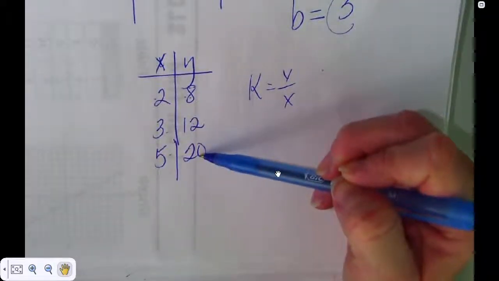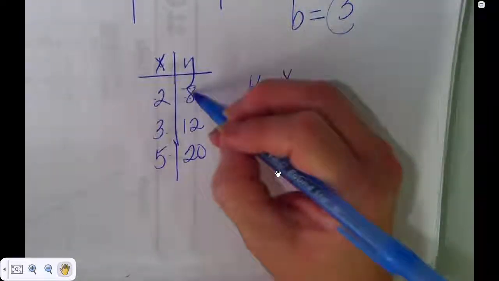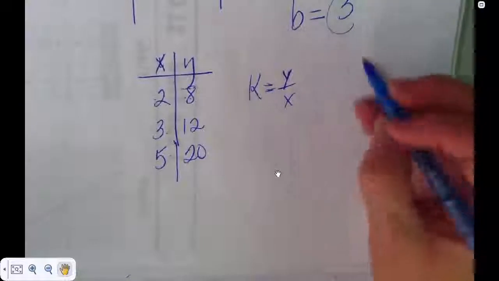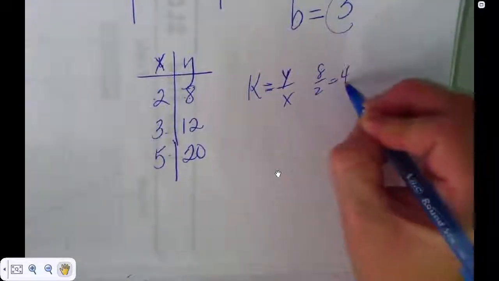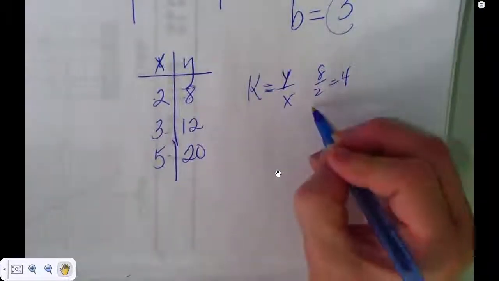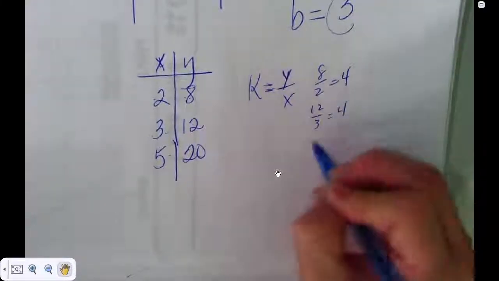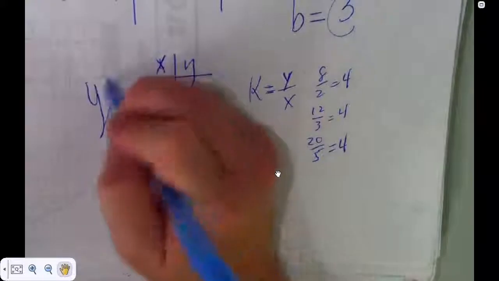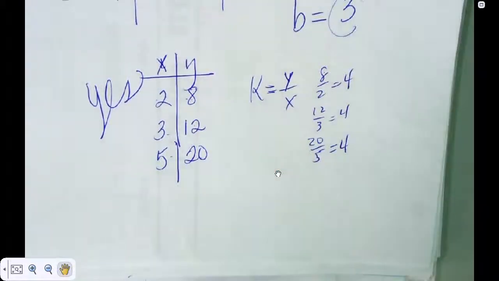Opposite of division is multiplication. So, this is a yes. That's proportional, because you can get the constant of proportionality.